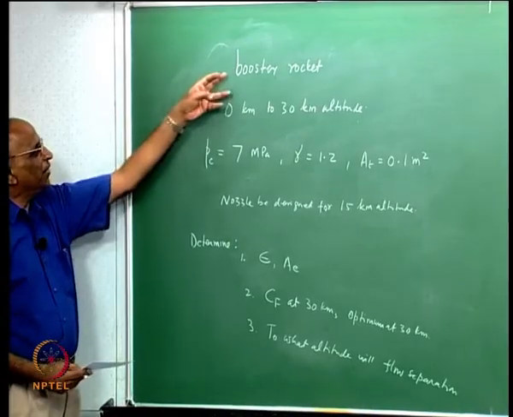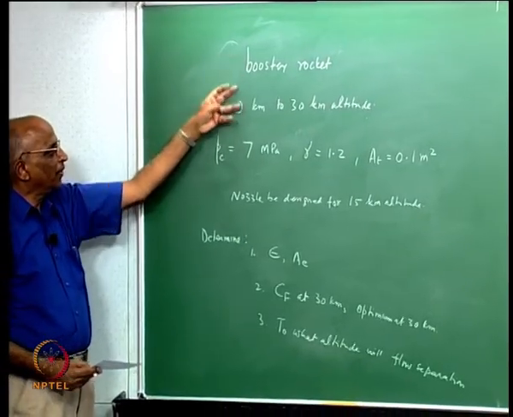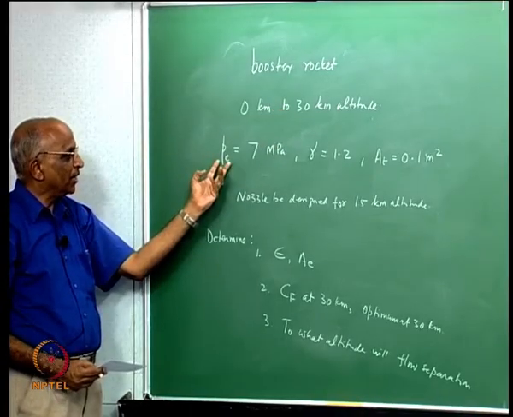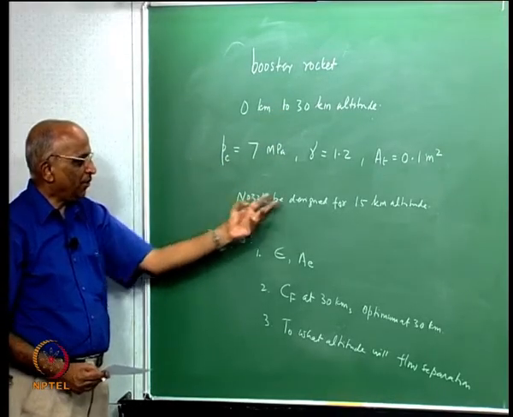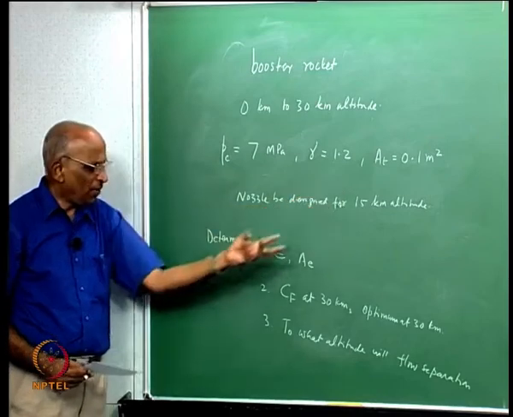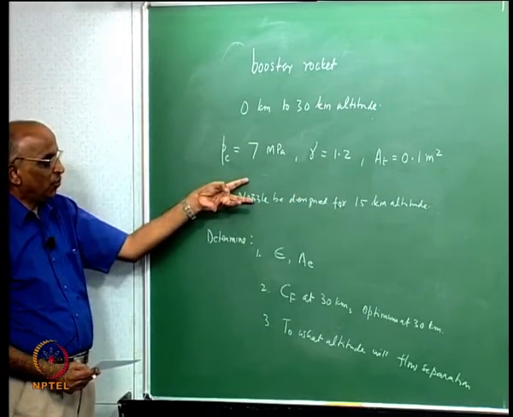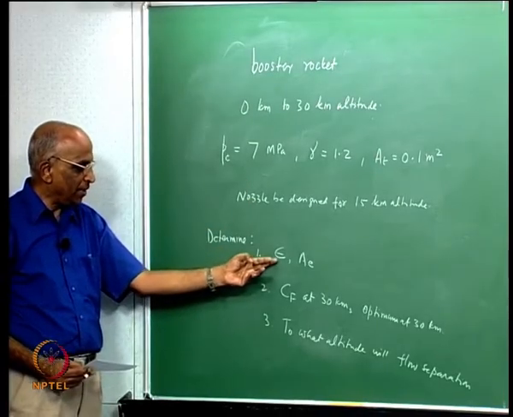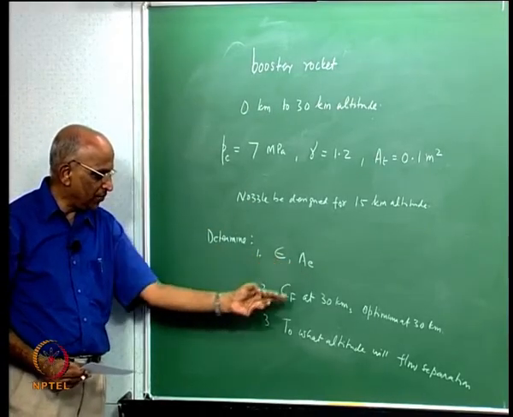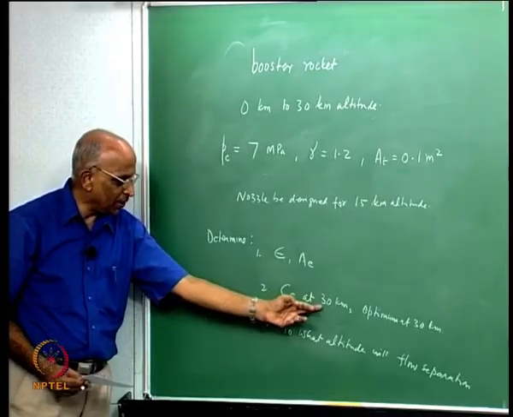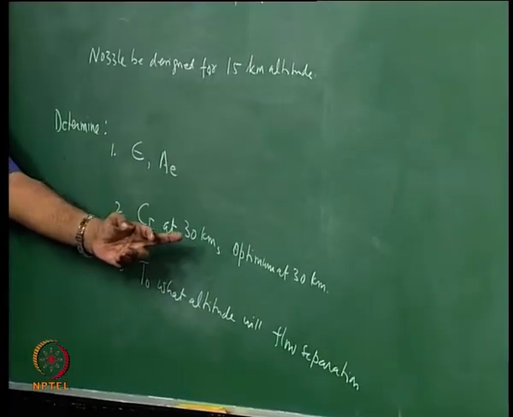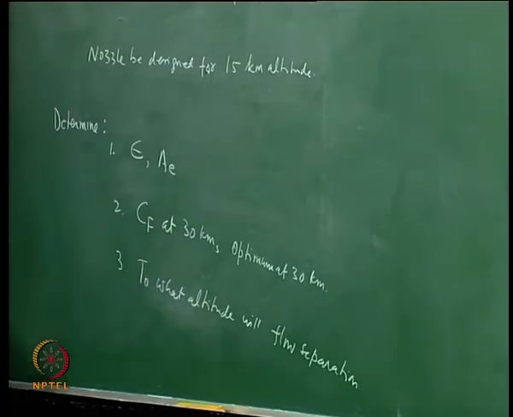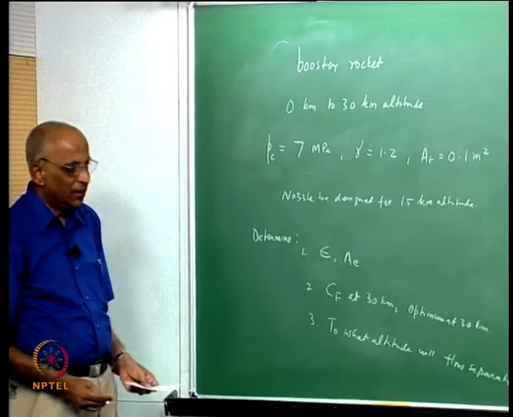In other words, we assume it is a conical nozzle that flies between 0 to 30 kilometers. The nozzle is designed for an altitude of 15 kilometers. I want to know till what height flow separation takes place in this conical nozzle. Let us do this problem.